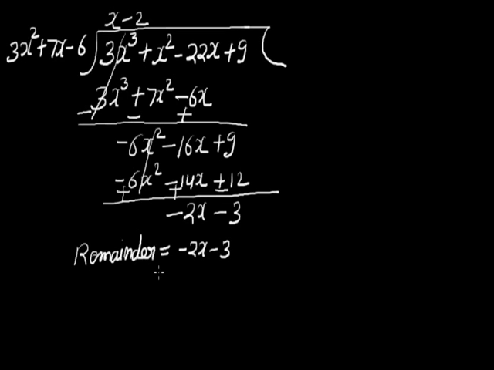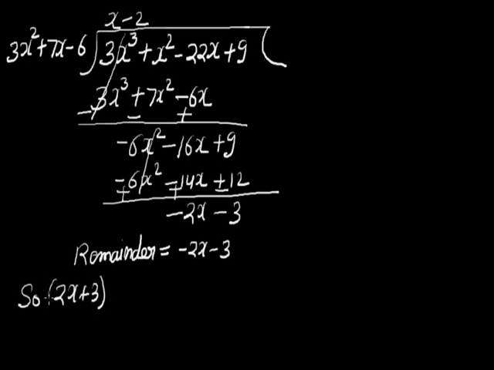Now our question was what must be added to the given polynomial so that it is divisible by the given polynomial 3x square plus 7x minus 6. For it to be divisible, we want the remainder to be equal to 0. So for the remainder to be 0, it must cancel out. So we take the opposite of the remainder, that is 2x plus 3.